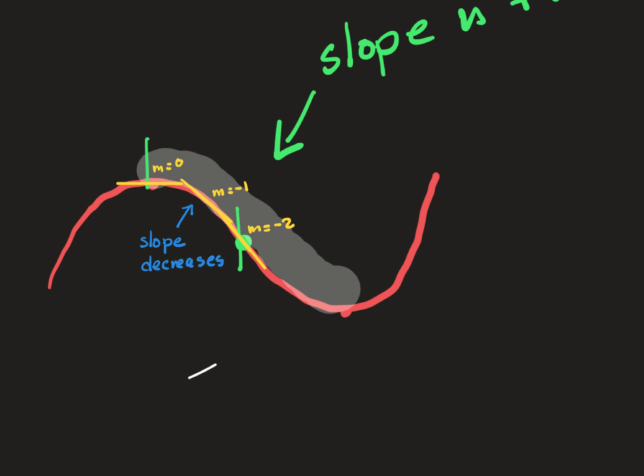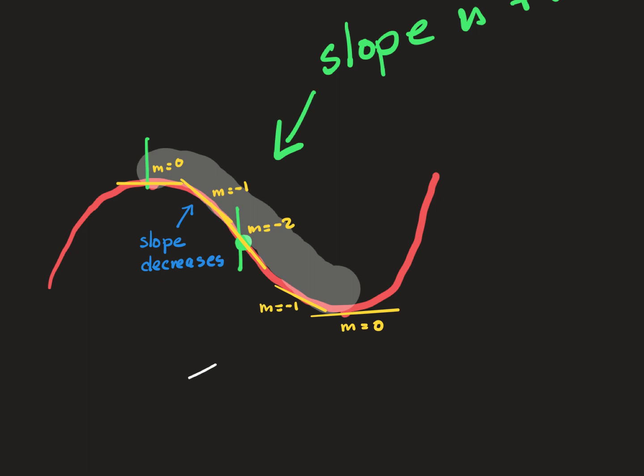If I continue with this and now have a look over here, the slope at this point here would be, let's say, -1, and at this point over here it will be now 0. So here's m equals 0 and m is equal to -1.